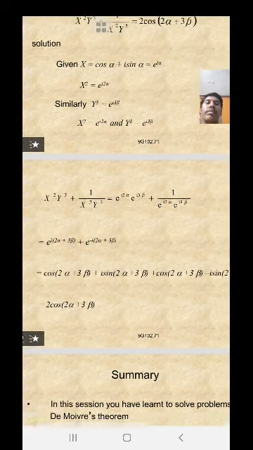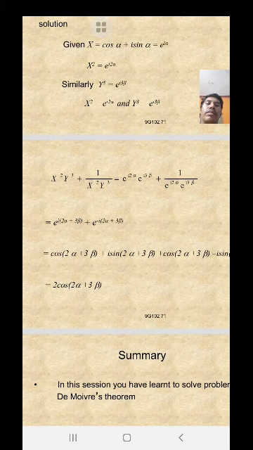Now we are taking the LHS, that is x square into y power 3 plus 1 by x square into y power 3 equals, here we are substituting the values of x square and y cube.